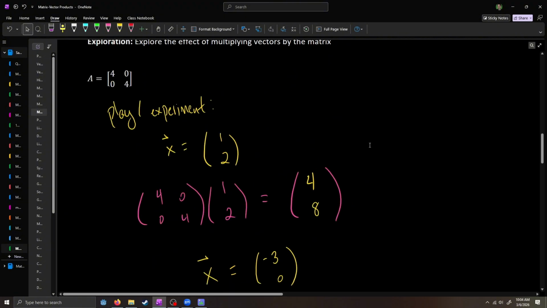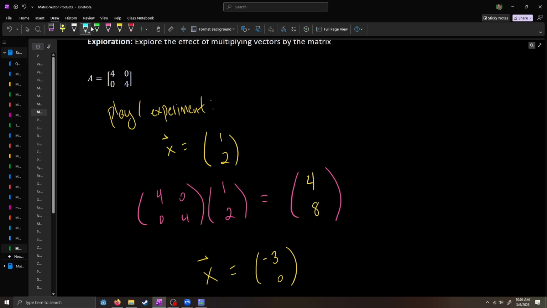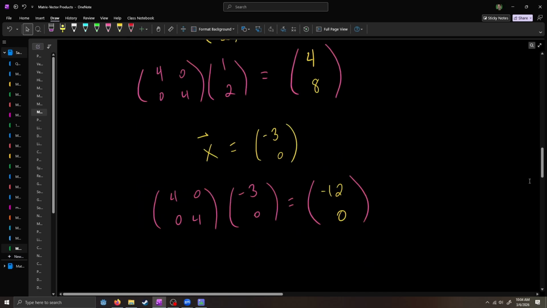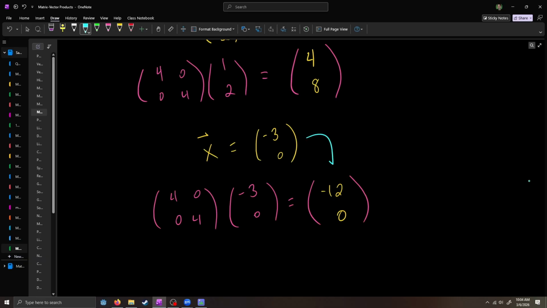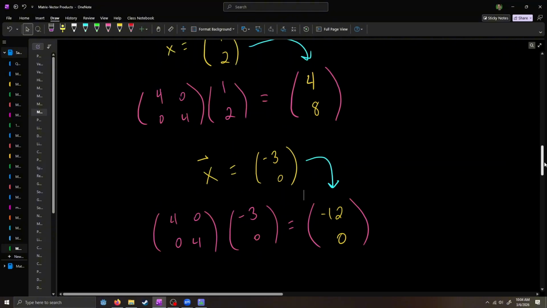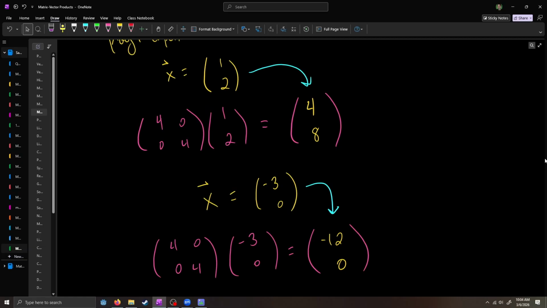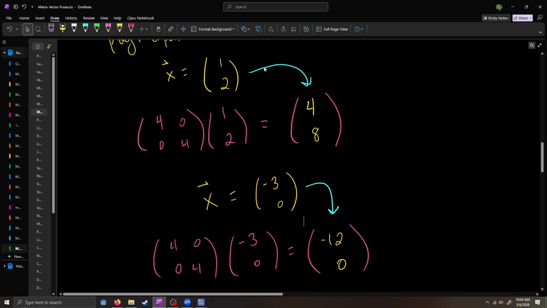So something I notice, as I apply this matrix A, we see the vector 1, 2 getting transformed into the vector 4, 8. We see the vector -3, 0 getting transformed into the vector -12, 0.